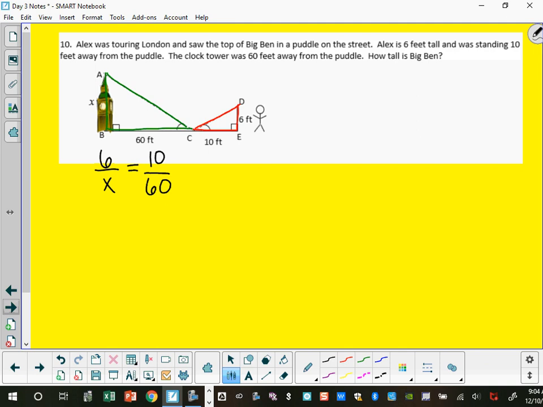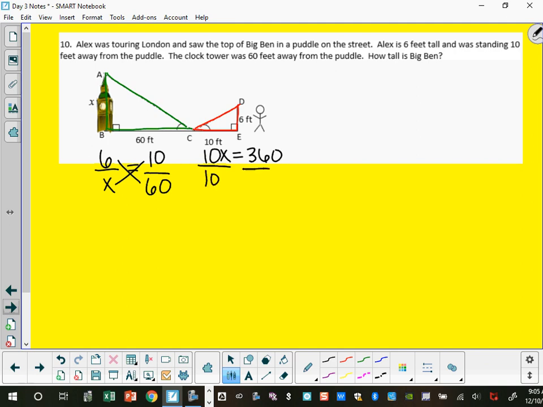All right, let's cross multiply. 10 times x, 10x, 6 times 60, 360. All right, how do I solve for x? Divide by 10.